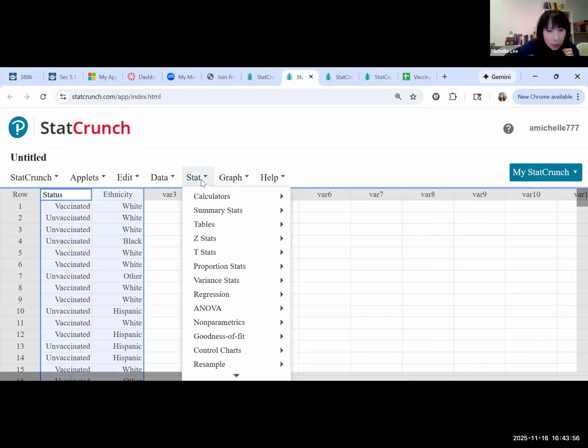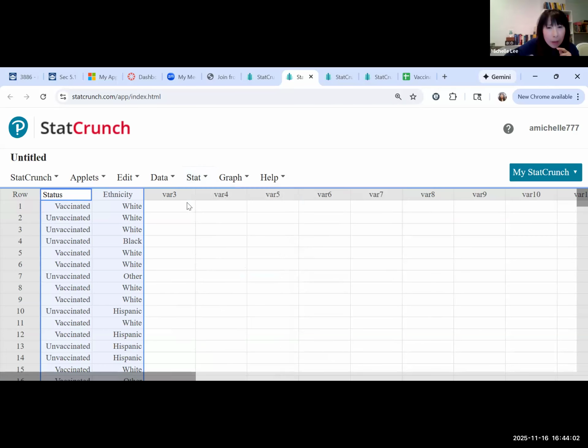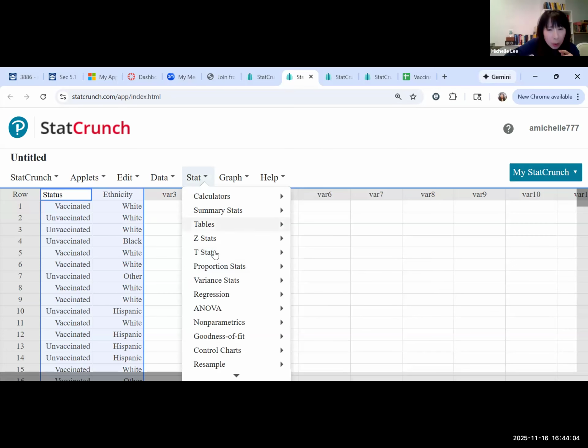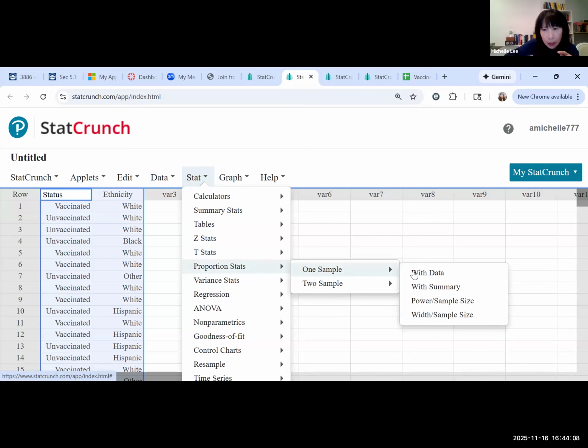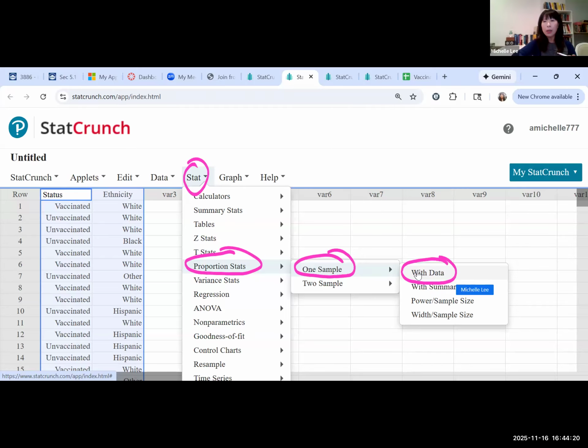And then Proportion Stats. Hold on one second. Stat, Proportion Stats, One Sample, With Data, right? Okay, let me highlight. Stat, Proportion Stats, One Sample, With Data, right? Okay, let me click that.